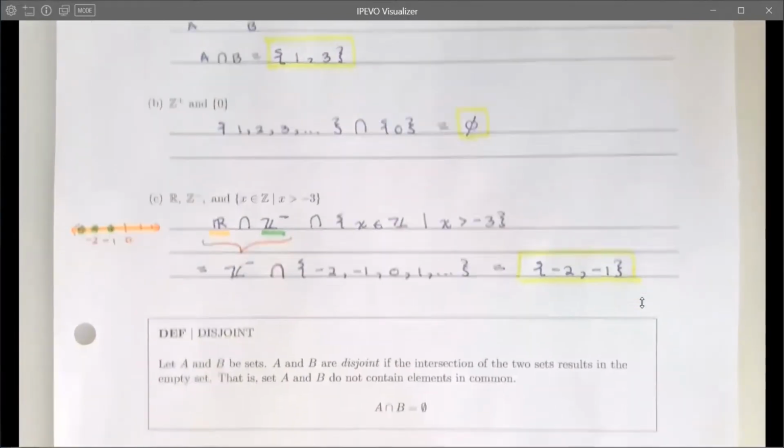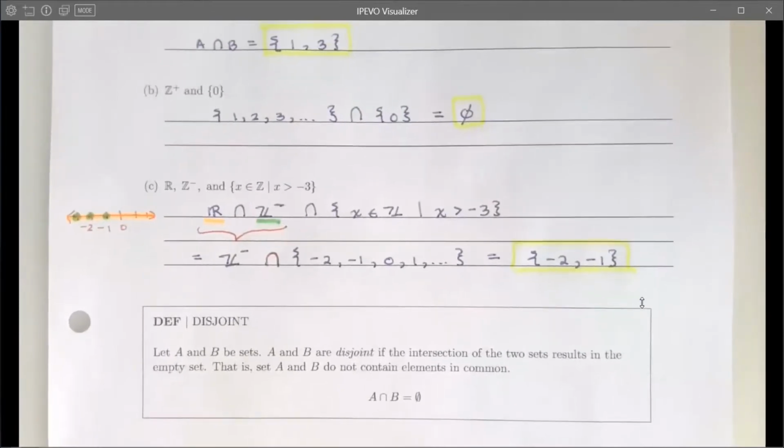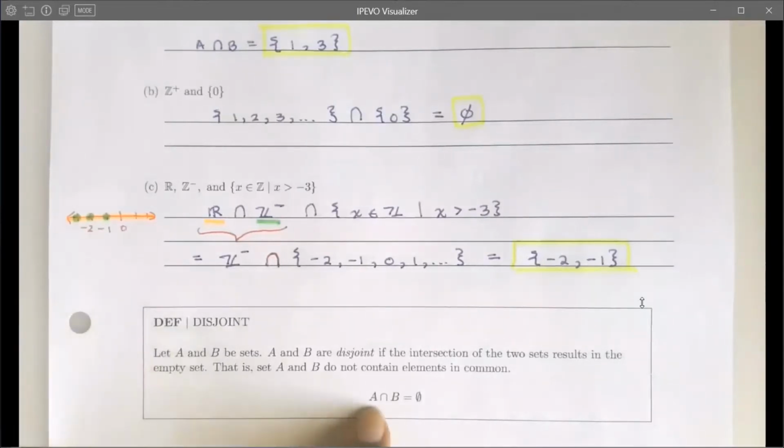Okay, so let's take a look at the definition of disjoint. Let A and B be sets. We say that A and B are disjoint if the intersection of the two sets results in the empty set. That means that if you take A intersect B, then you don't get any elements in common, and therefore you get just the empty set or null set.